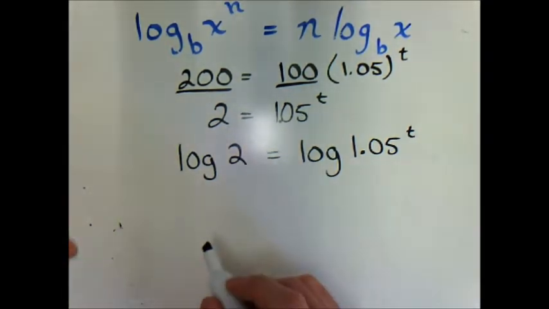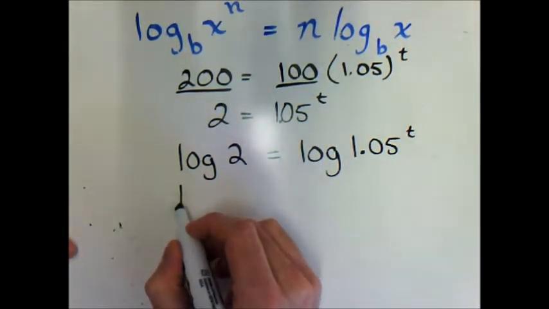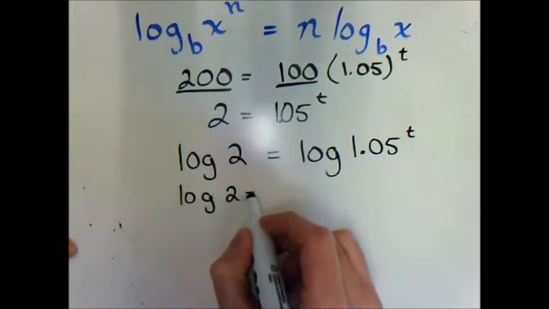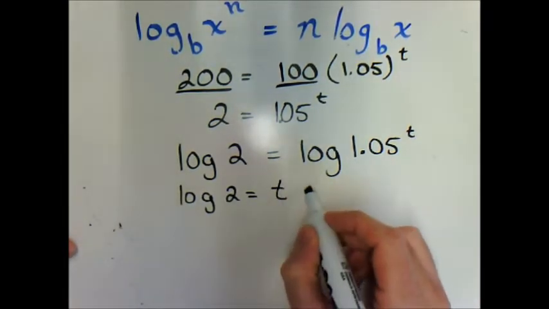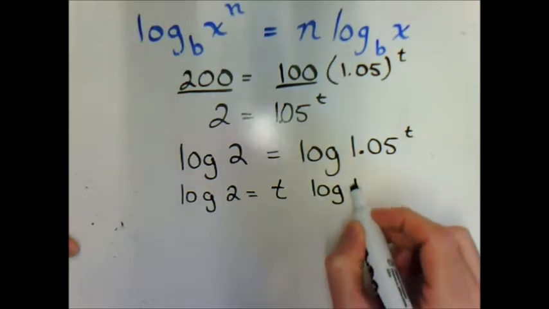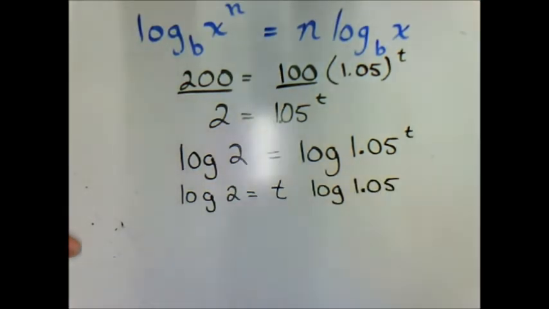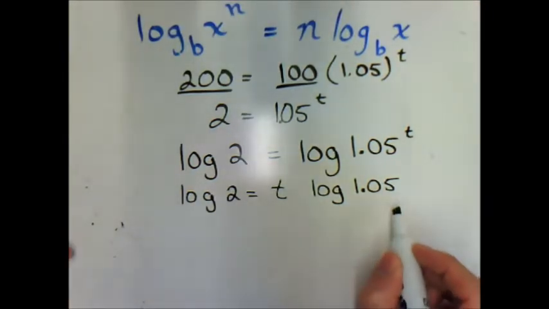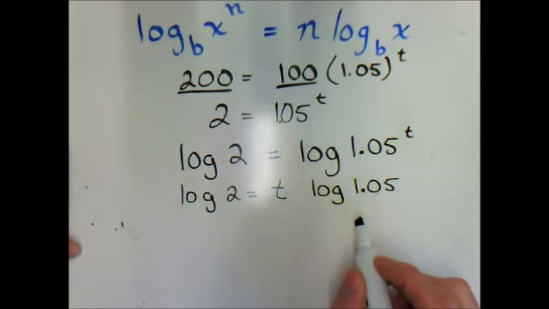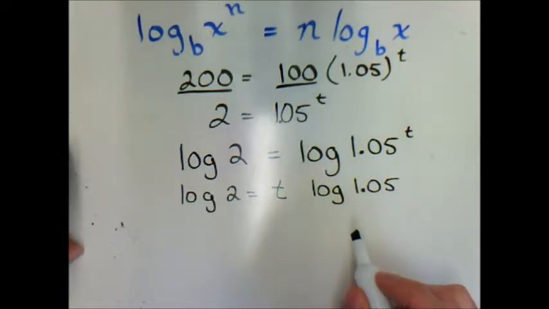All right, next step is applying the power law of logarithms to the right side. So we have log of 2 here on the left, but now we have t times the log of 1.05 on the right. Well, let's divide both sides by log of 1.05 in order to get t by itself.